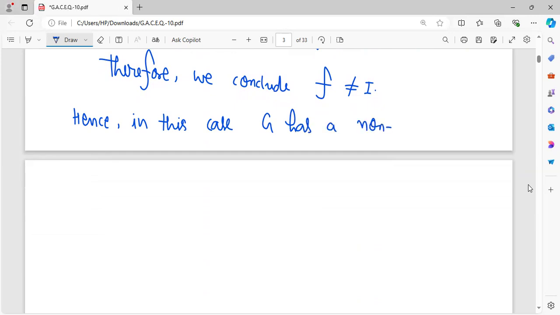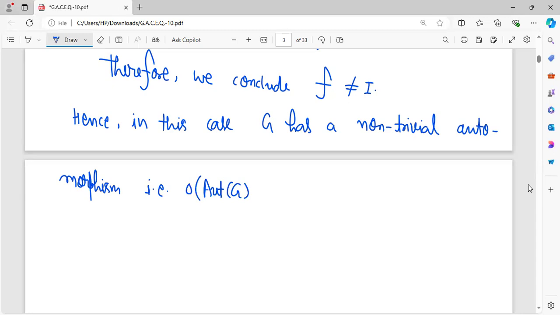Non-trivial means an automorphism other than the identity map. So having a non-trivial automorphism, what does it mean? It means the order of the automorphism group is greater than 1, because this is a group and a group always has the identity element. So it has a non-trivial automorphism, which means it has another map than the identity, so its order is greater than 1. Okay, so this is true in this case.